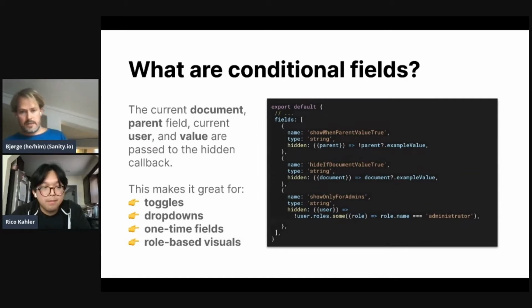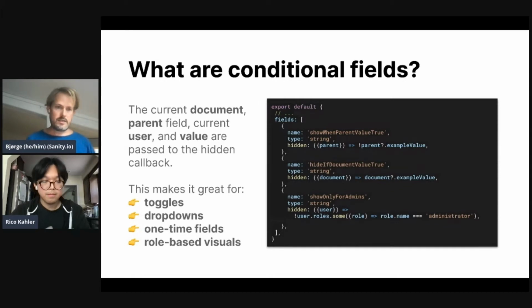So the callback for the hidden property will receive some context. And the context is an object that has a document key, a parent key, a user key, and also a value key. So this context provides you with the means to do a bunch of cool stuff to show or hide a field.